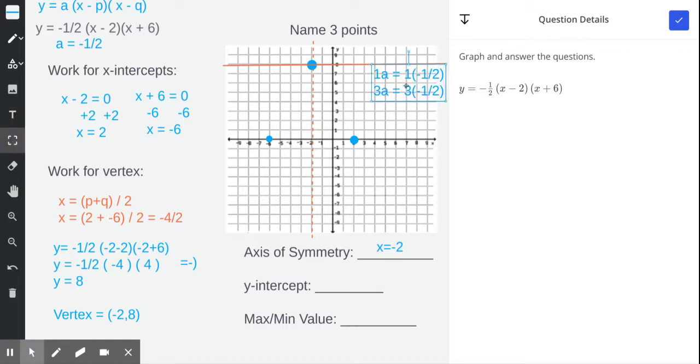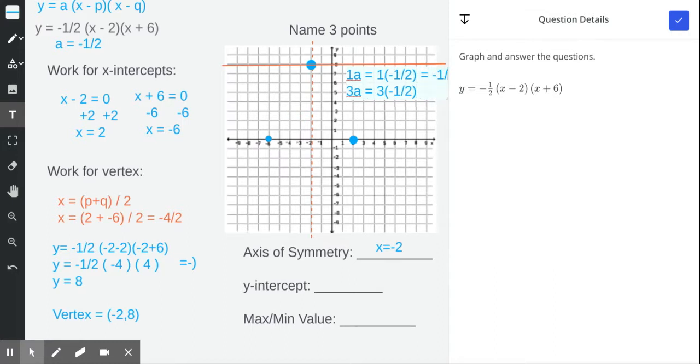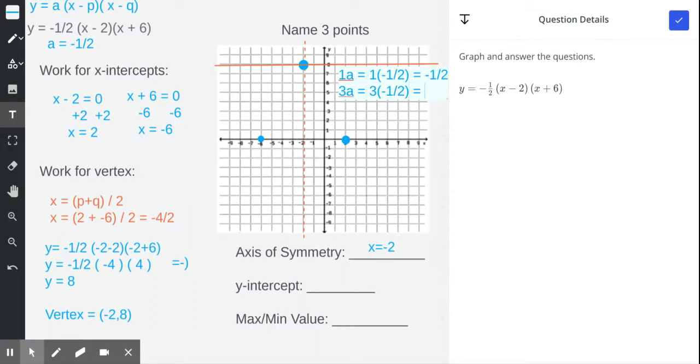Let's scoot this over to get a little more space. Equals negative 1/2 in this case, and equals, I think it's negative 1.5. Just to keep it consistent, I'll say 0.5 because my a value was 1/2.